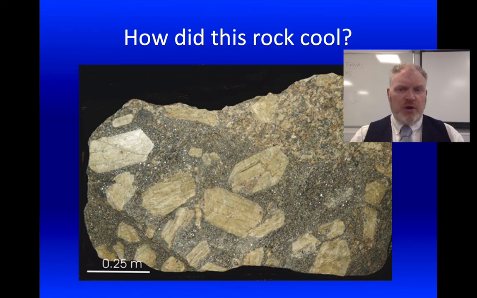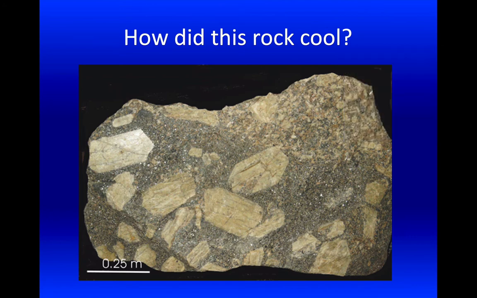Why is this rock particularly special? Anyway, have a think about that. Press pause and have a good look at the rock in this photograph. We'll talk about it in the next lesson.